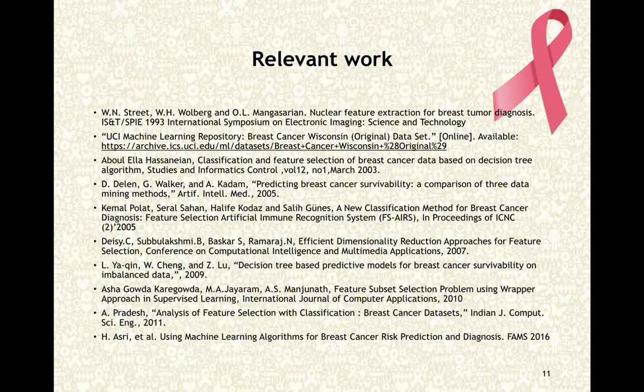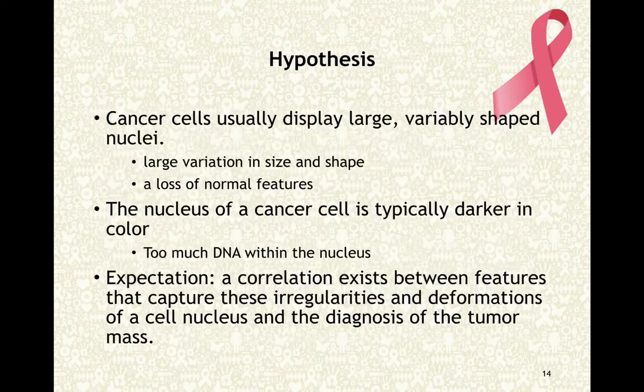According to the related work, in 2010 Osha Goodwell proposed a wrapper approach with a genetic algorithm for generating subsets of attributes with different classifiers such as C4.5 or Bayes networks, etc. Also, in 2003 Abul Ela Hassanian experimented on breast cancer data using feature selection.